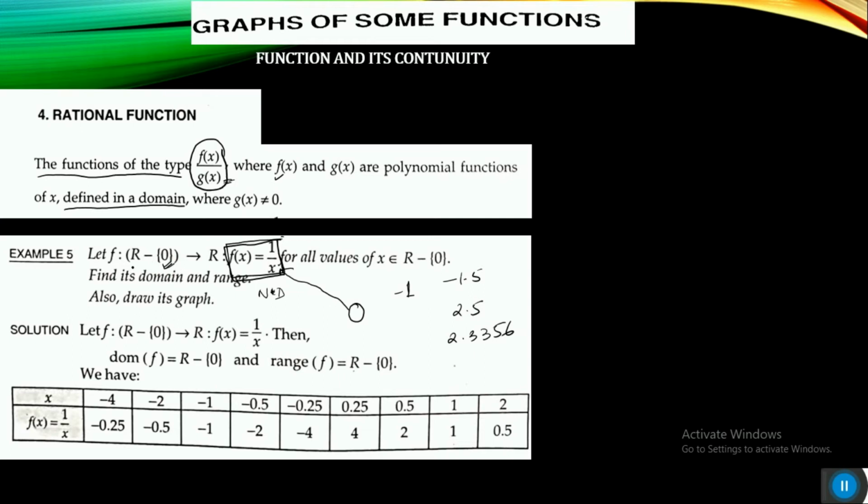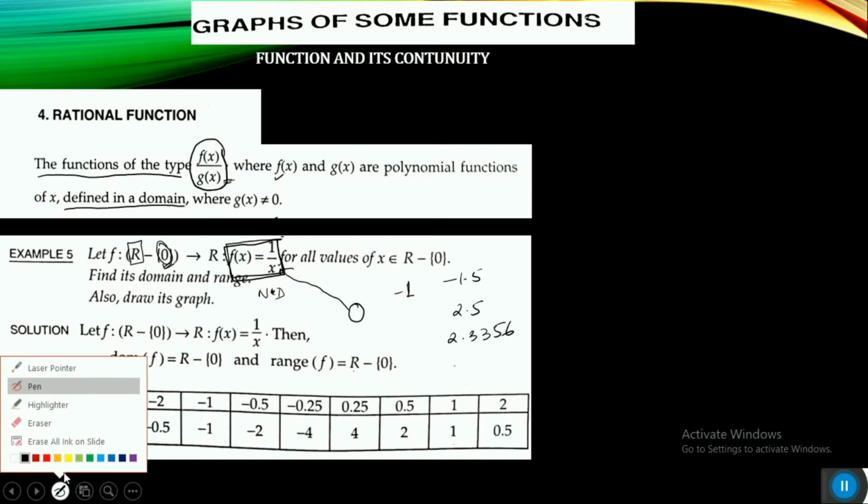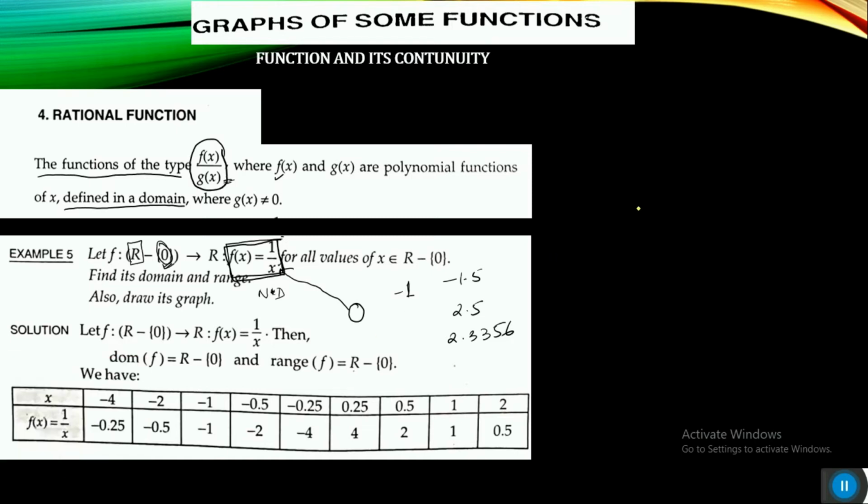Clear? So what I did, my domain is R and I subtract 0 from it, then you see everywhere my function is defined. By that I mean this is my domain, this is 0, I will not take 0, but other than this I can take any value on any side.